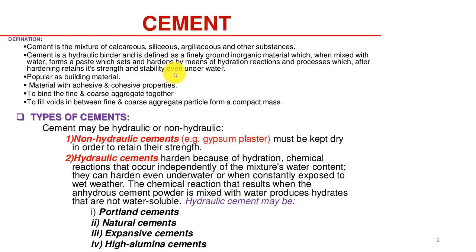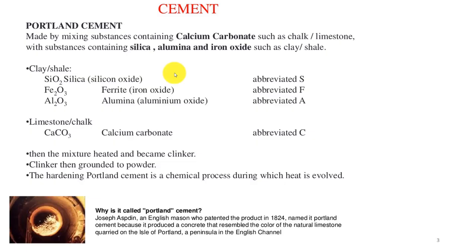Hydraulic cement may be Portland cement, natural cement, expansive cement, and high alumina cement. If we talk about the chemical composition of Portland cement, it contains calcareous rocks, I mean calcium carbonate, which can be obtained from limestone or any other source, like seashells, and argillaceous materials, for which you can use silica- and alumina-rich minerals.